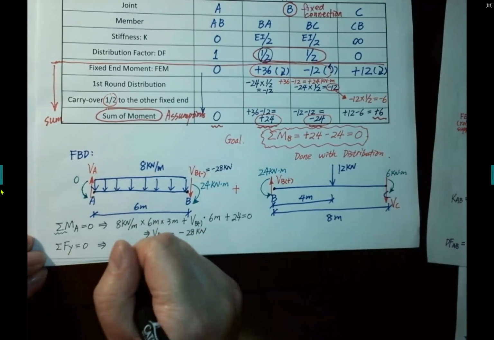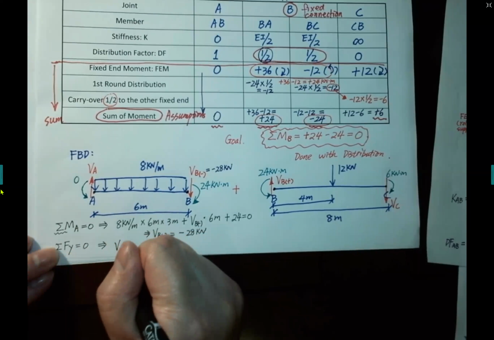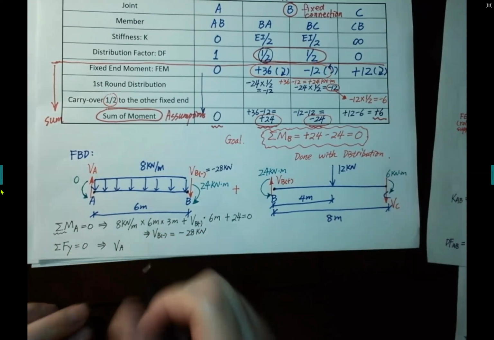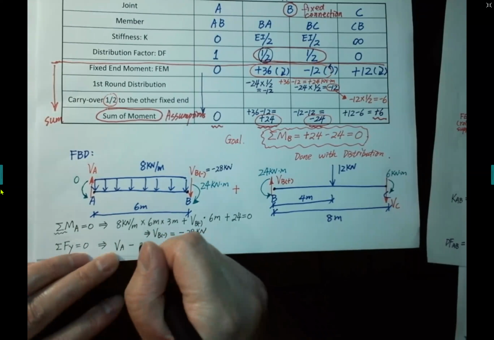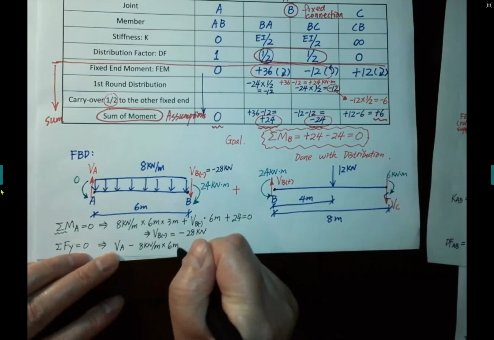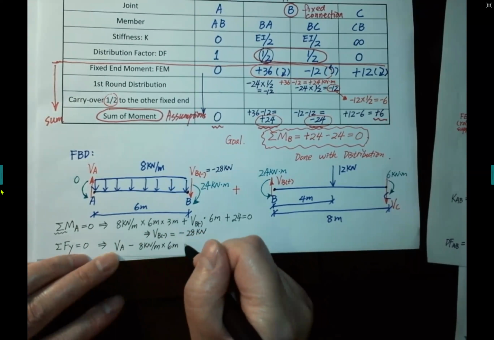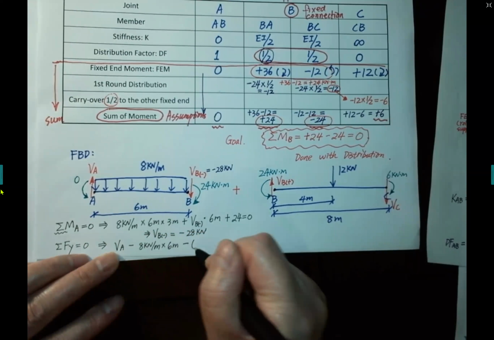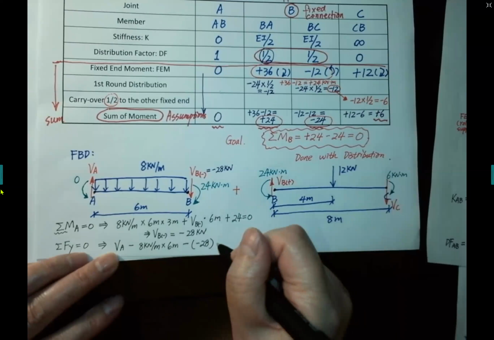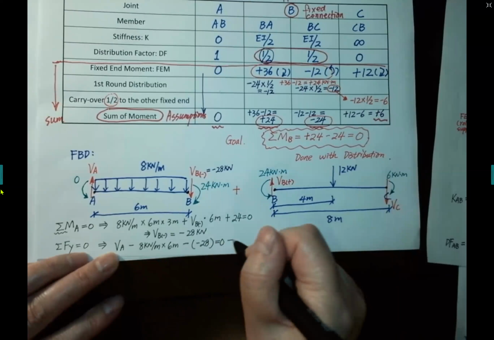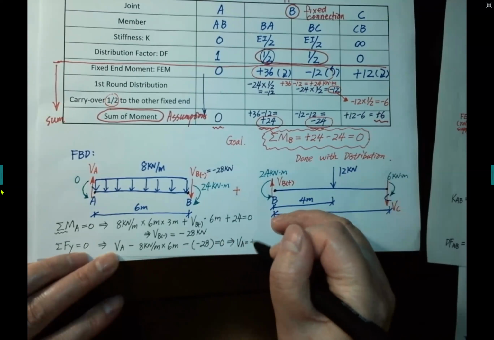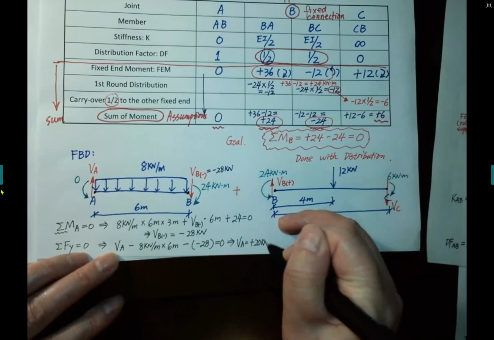If I assume positive force direction is upward, VA minus 8 kilonewton per meter times 6 meters, that's downward, minus negative 28, that's the VB, equals 0, and we get VA equals positive 20 kilonewton.